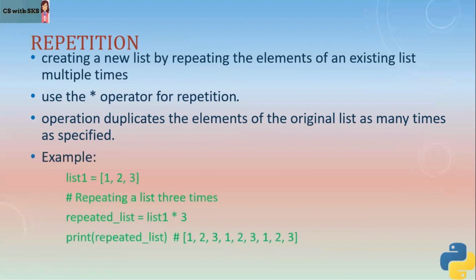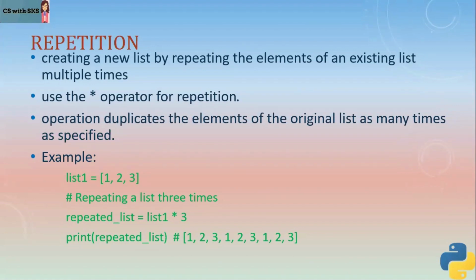So let's see how we do it. So let's say list 1 has elements 1, 2, and 3. So if I write list 1 multiplied by 3, which is a numeric value, what it will do? It will create a new list, and in that new list, elements of the original list will be repeated as many times as the number specified there.